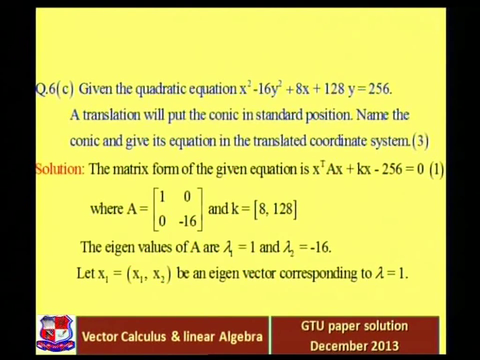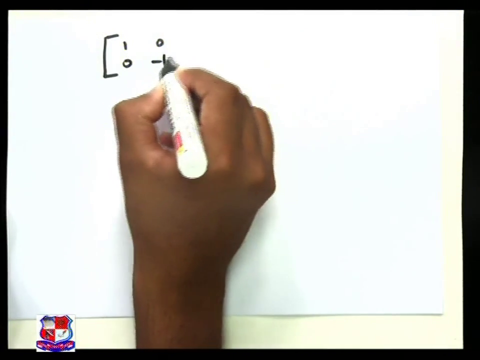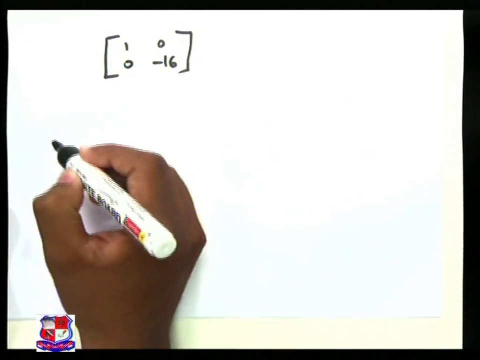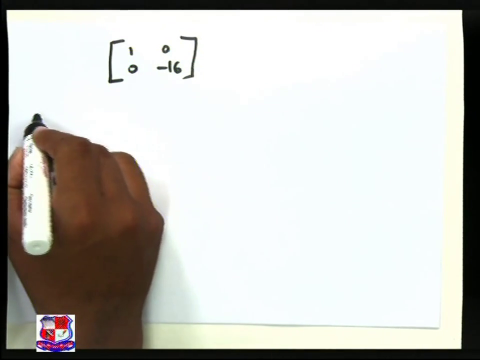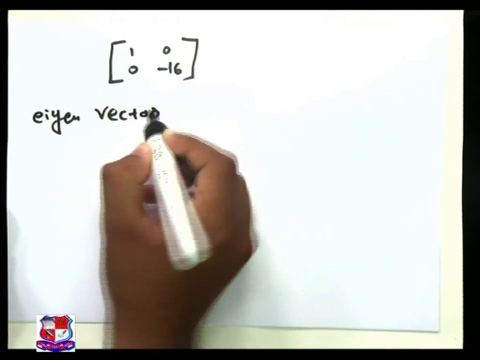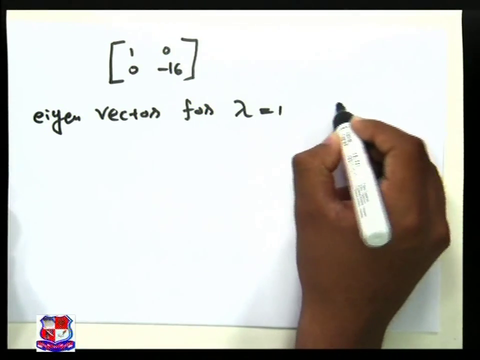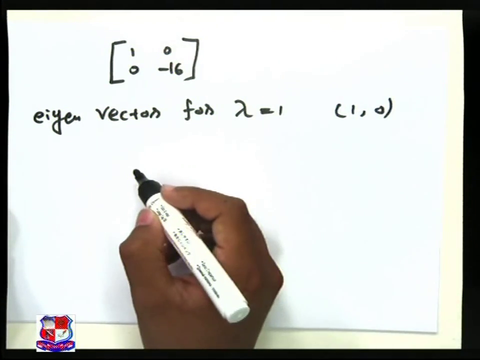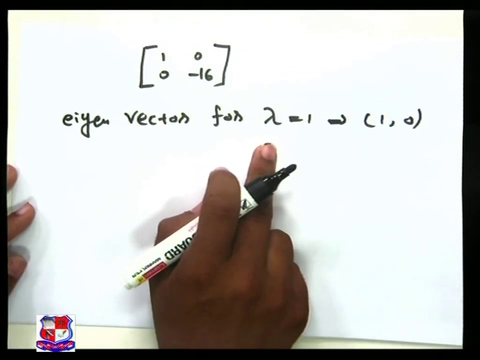We already found the eigenvector for lambda equal to 1, that is (1, 0), right? So this is our eigenvector corresponding to lambda equal to 1.